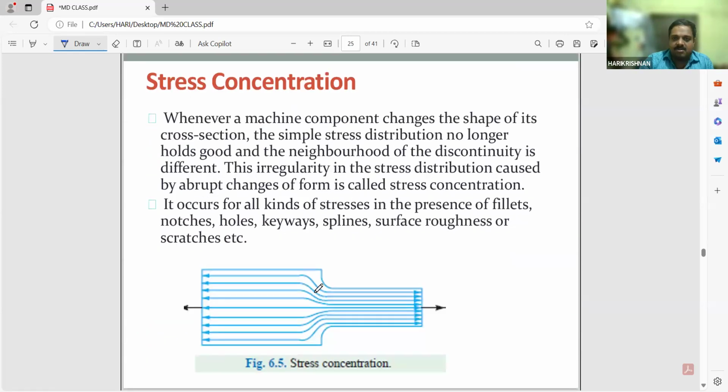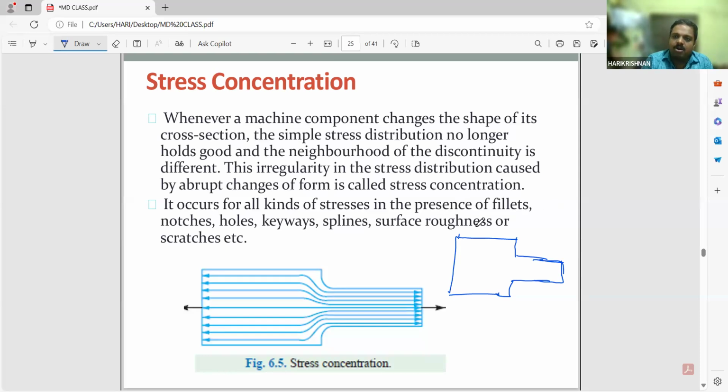Next is stress concentration. Don't confuse it with anything. Stress concentration is like this. There is a section like this, for example.